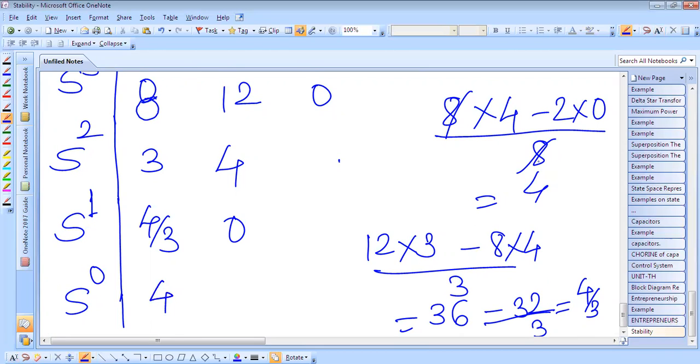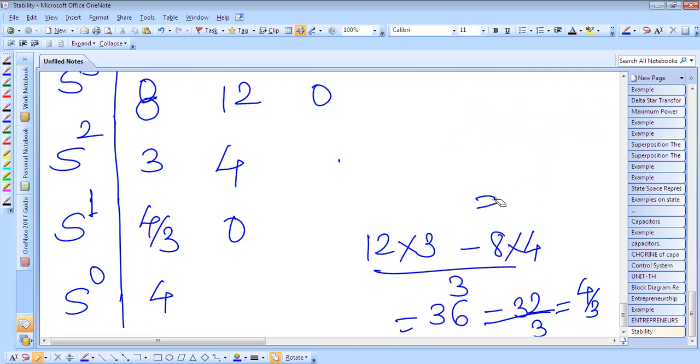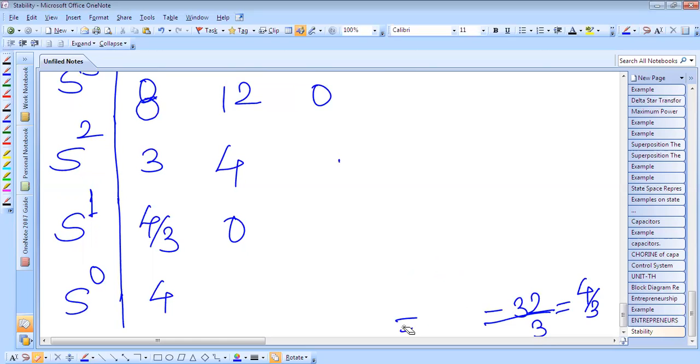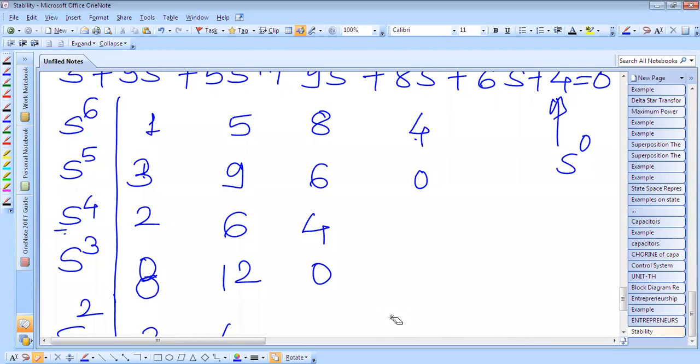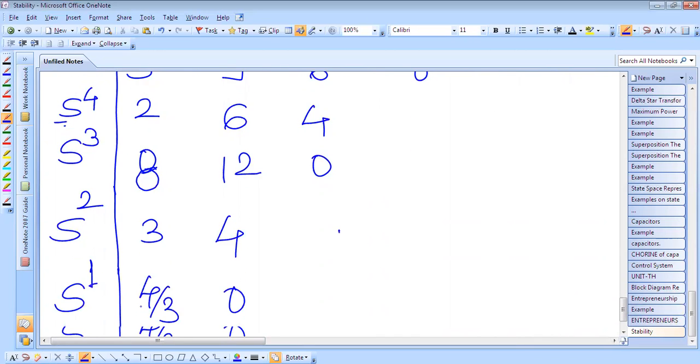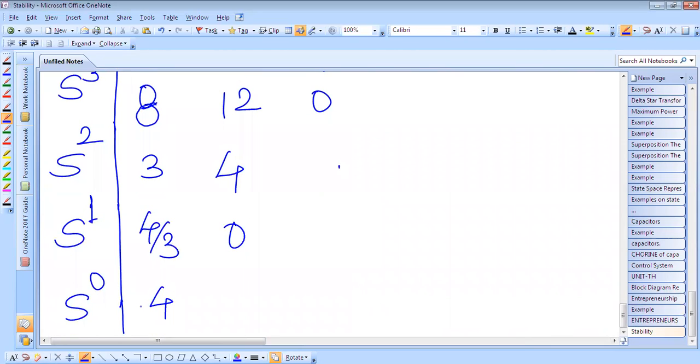Okay, so now your Routh array has been formed, and we have to check the sign of the first column. So this is the first column. This is 1, 3, 2, 8, 3, 4 by 3, 4.